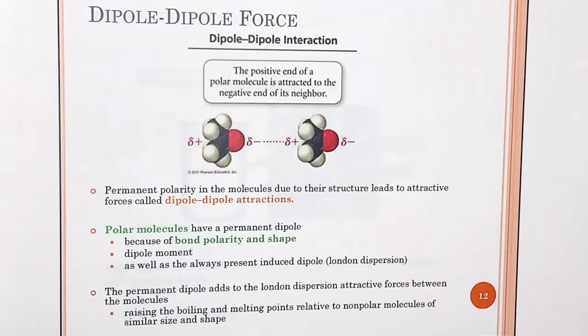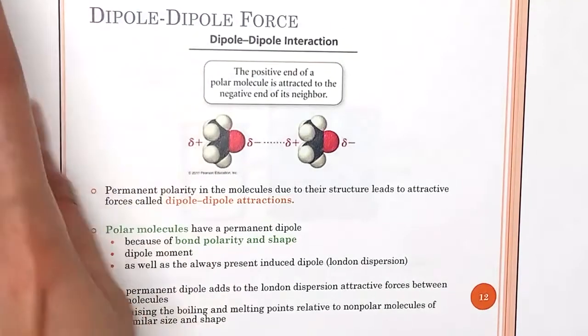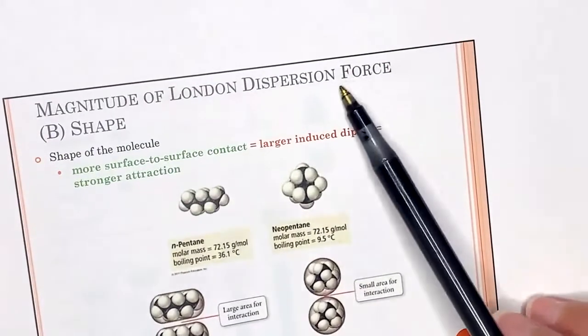This one, the molecule is permanently dipolar, and that's why it was so important in the previous chapter that we learned to recognize whenever a molecule is polar, depending on the bonds and how the bonds are arranged in a geometry. A molecule that has polar bonds that cancel each other out due to geometry is overall nonpolar, and those nonpolar molecules will not have dipole-dipole force. They will only have London dispersion.